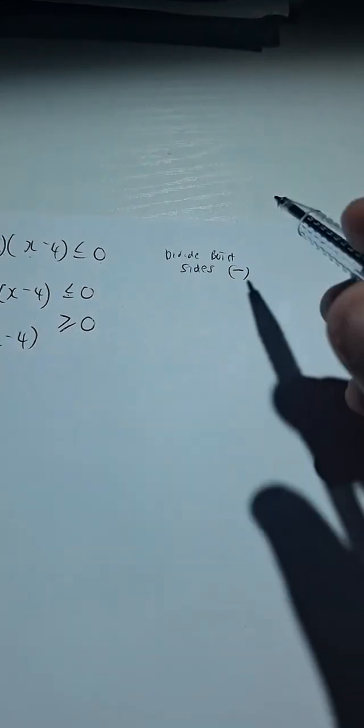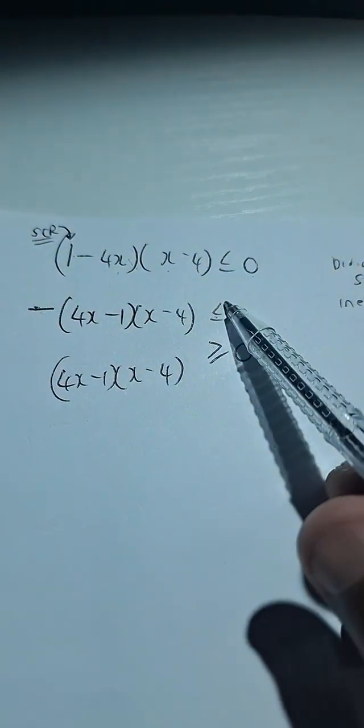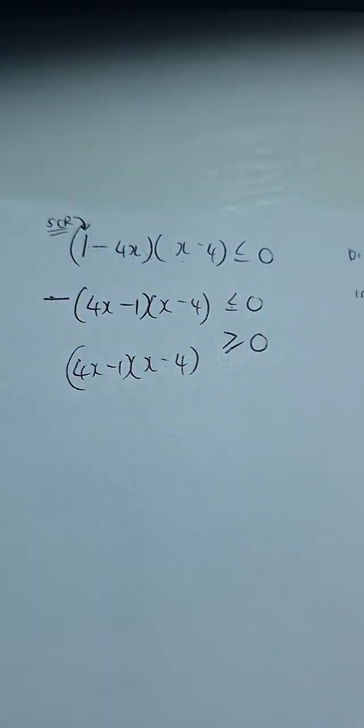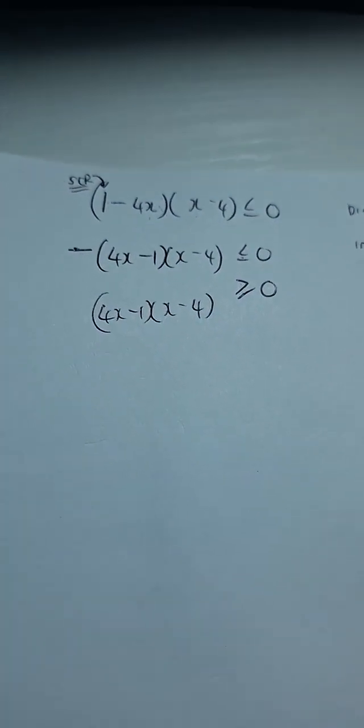Then we divide both sides by a negative. And we know with inequalities, whenever you divide both sides by a negative, the inequality sign changes direction. So that's what happened here. The inequality sign was less than or equal to 0. Now it's greater than or equal to 0.